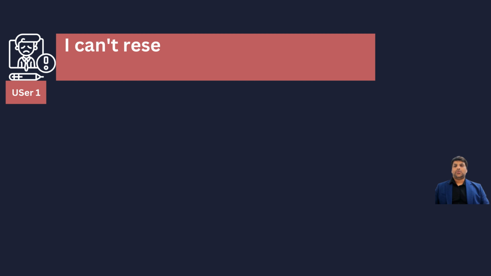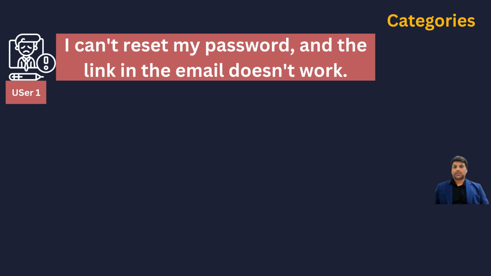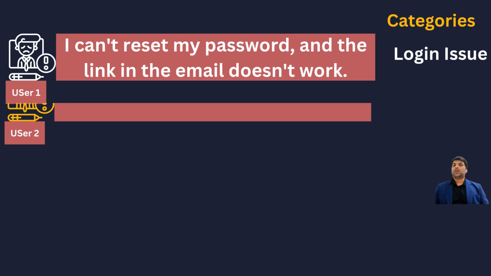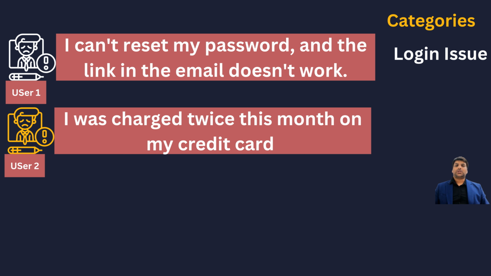For example, user one writes, I cannot reset my password and the link in the email doesn't work. So how is NLP going to categorize this? It will categorize it as a login issue. Next user request: I was charged twice this month on my credit card. What would be the category for this second request?